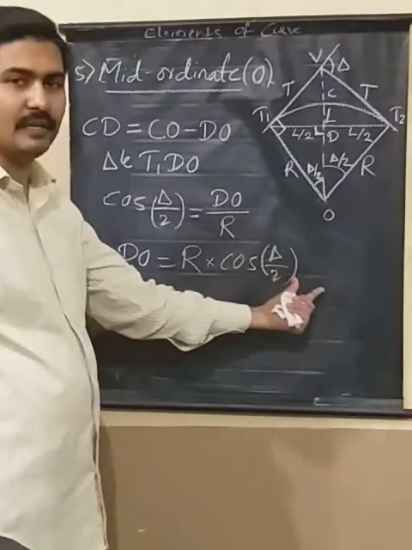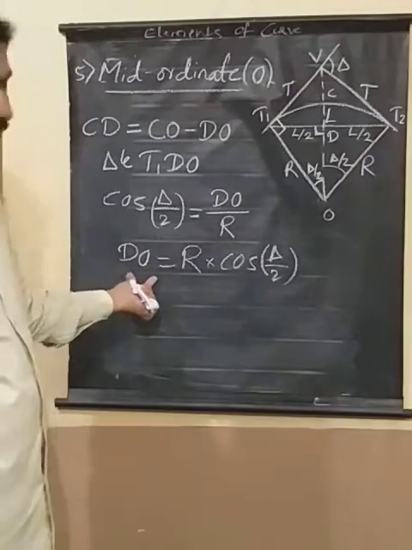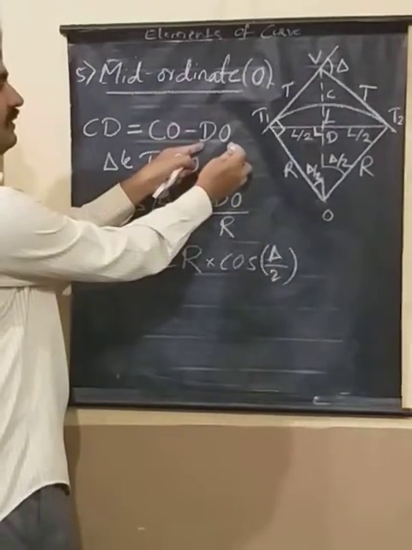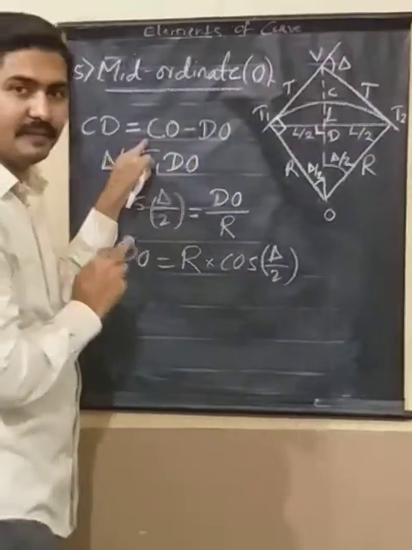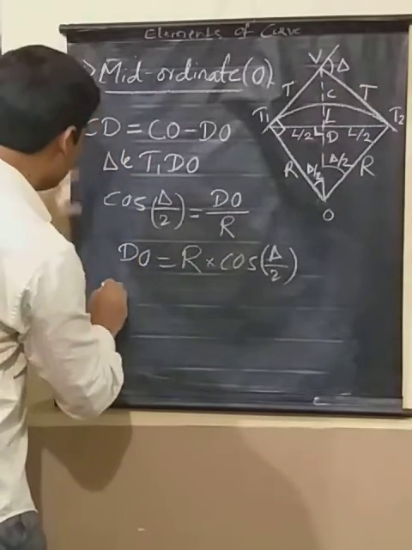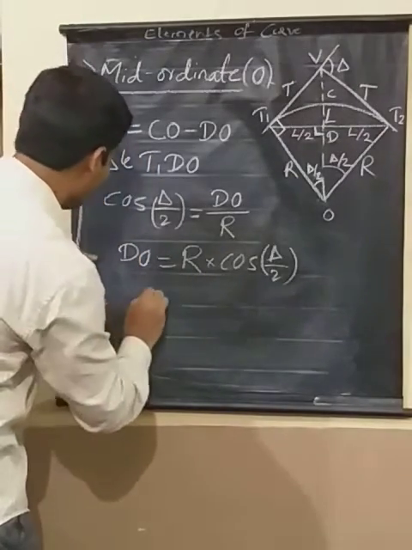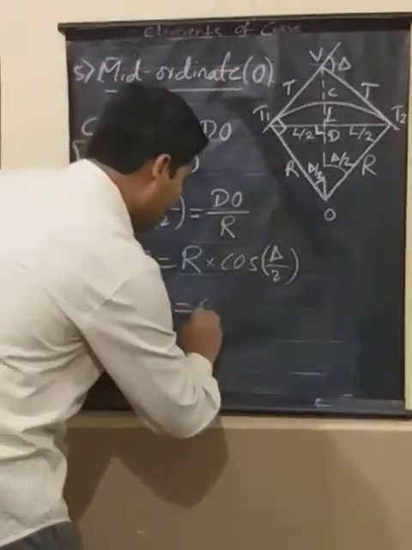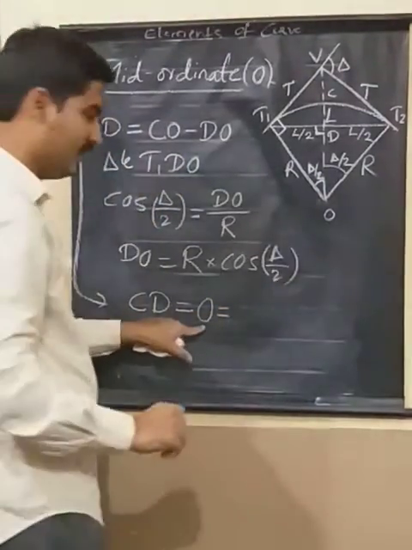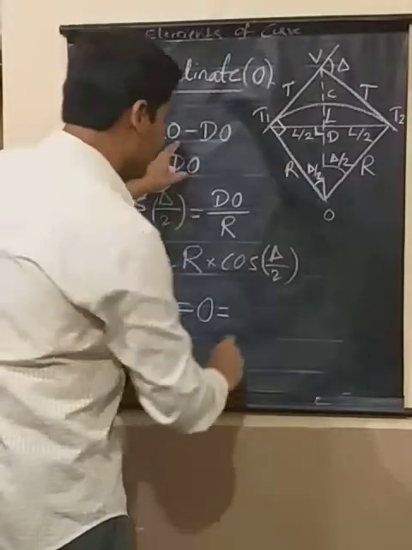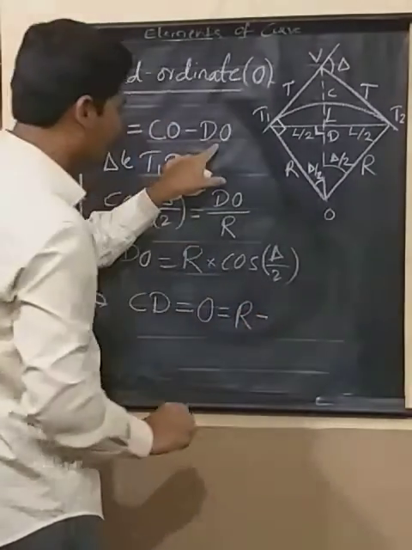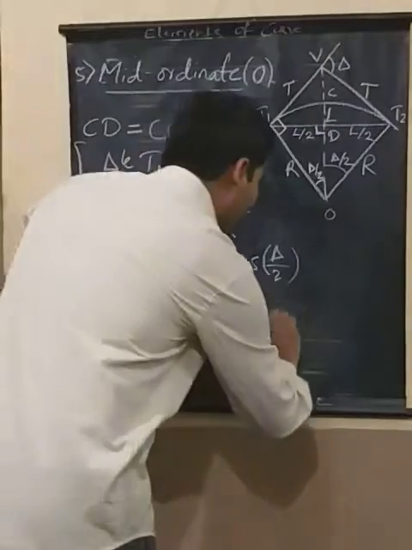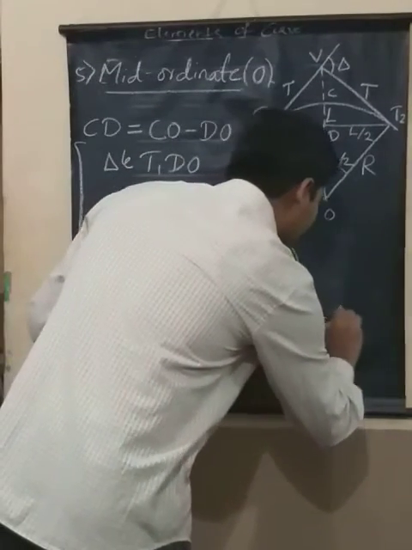So R cos delta by 2 is DO. So this I am going to substitute here because CO is R itself, radius, right? So CD, that is mid ordinate, is equal to, that is O, that is how we denote, CO minus DO. DO is R cos delta by 2.